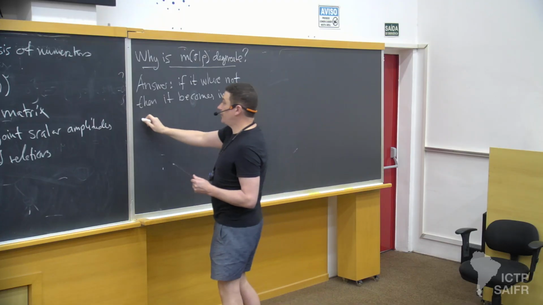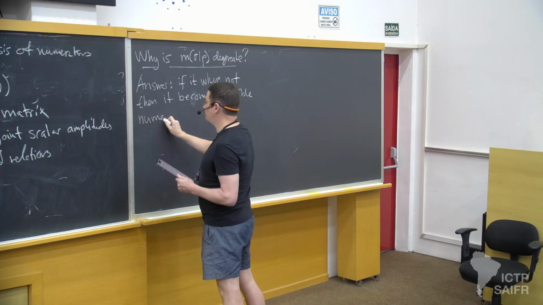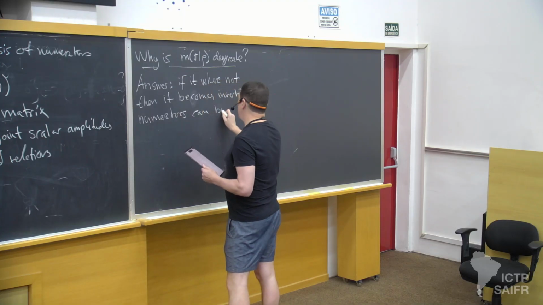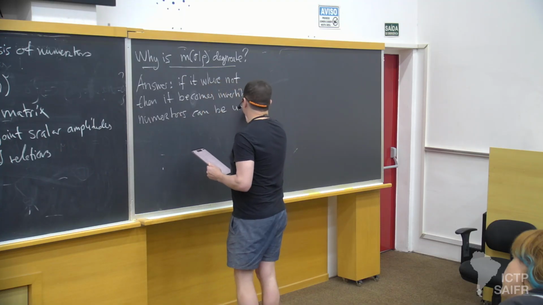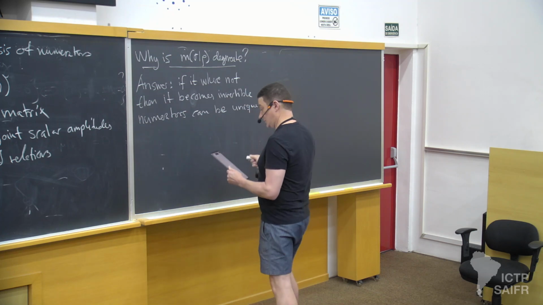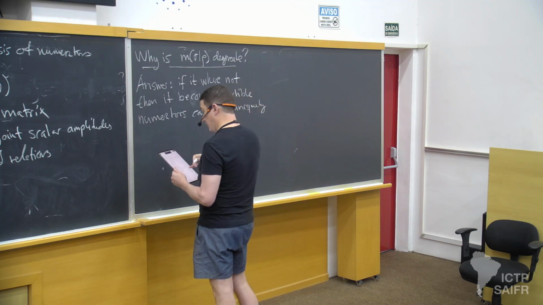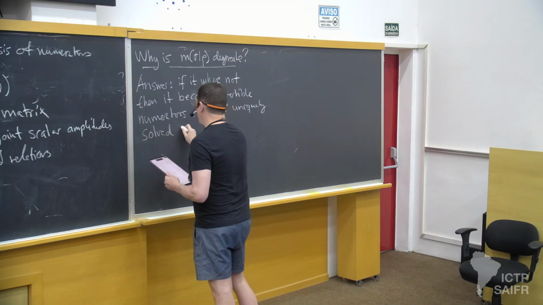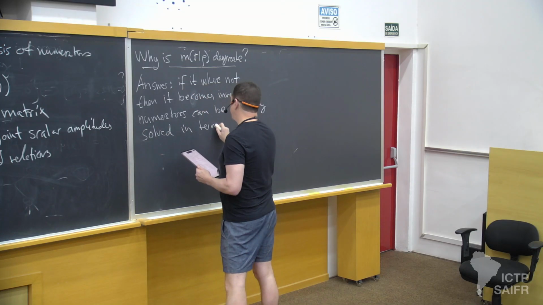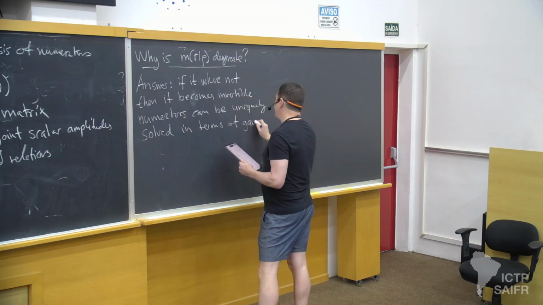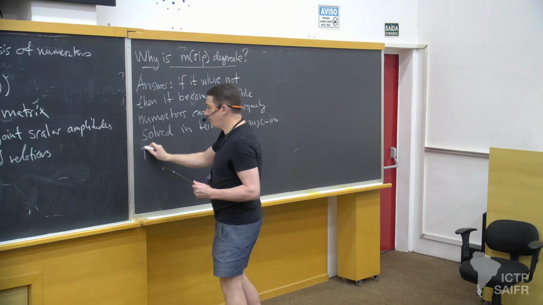And numerators can be uniquely solved in terms of the gauge invariant partial amplitudes.